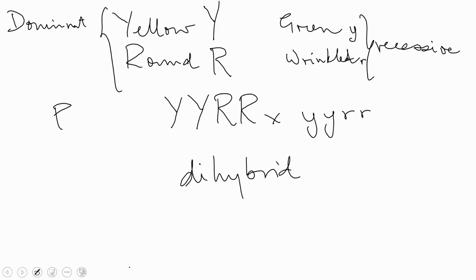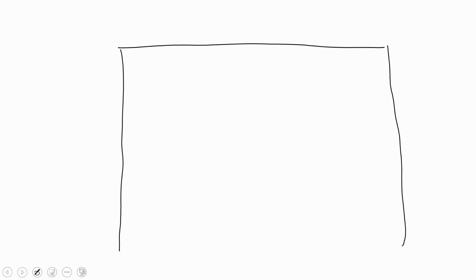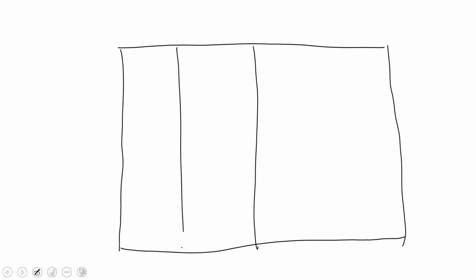All right, so we're going to make a Punnett square this time, but it's not quite going to be the same. It's the same idea. I'm just going to make a great big old Punnett square. And here, we're going to draw a nice big Punnett square like this.